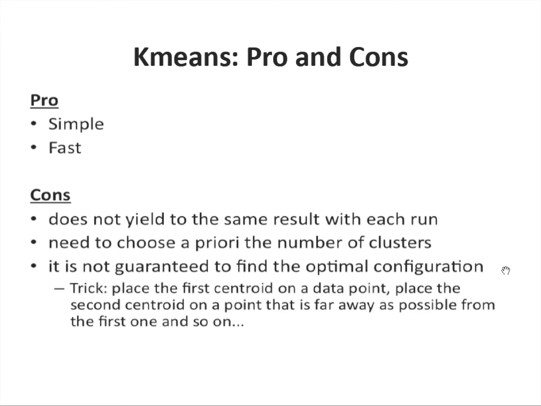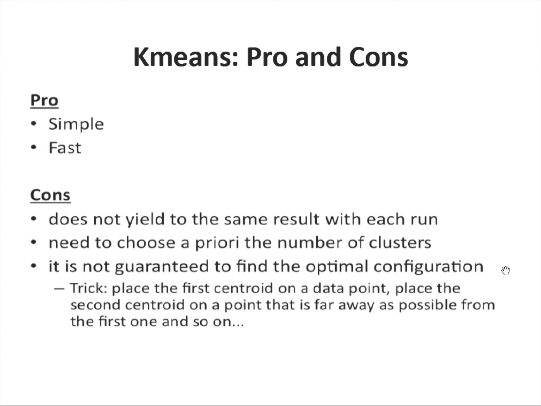And a lot of the time it doesn't. It won't necessarily find that optimal configuration. Sometimes it does, but it's not guaranteed to find it. And that's a worry, right? Again, if you believe that there is real underlying structure, you would really like to be able to rely on your algorithm when it finds structure that matches the real underlying structure. So k-means is not the most reliable algorithm in that sense.